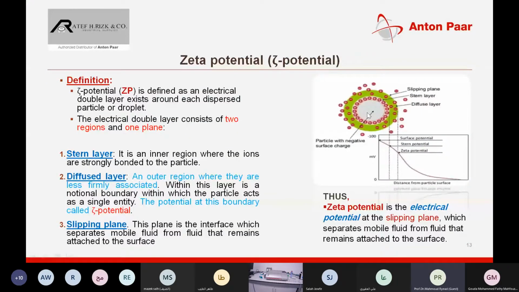The diffuse layer is an outer region where they are less firmly associated. The potential at this layer is what we call zeta potential. The slipping plane is the interface separating mobile fluid from the fluid that remains attached to the surface.